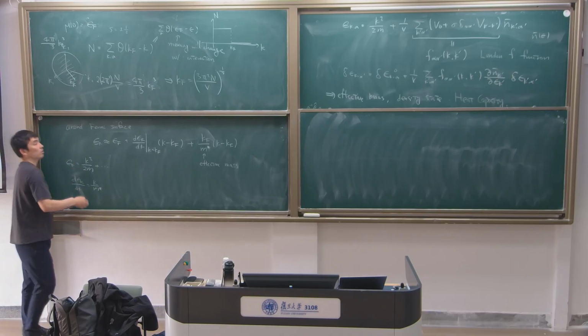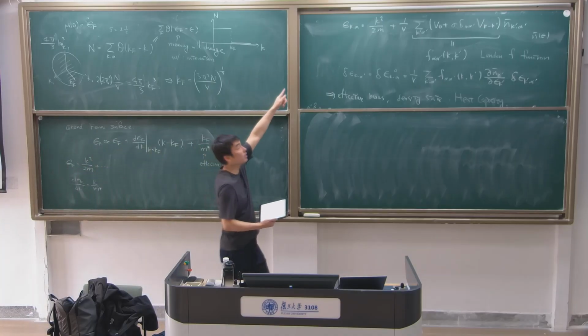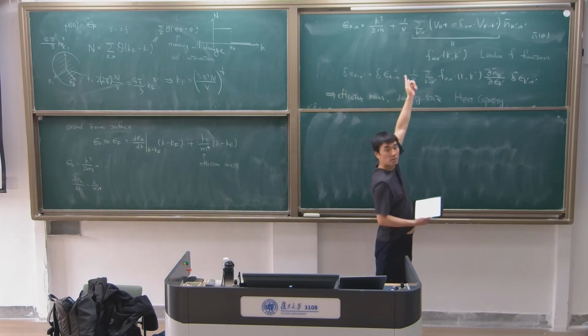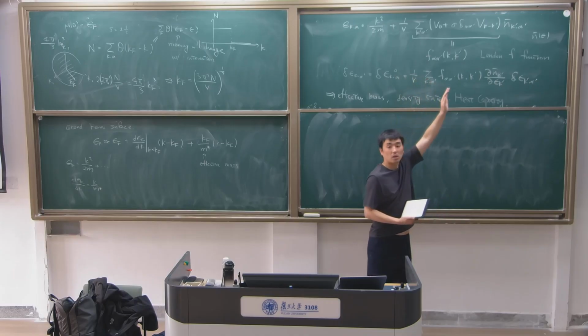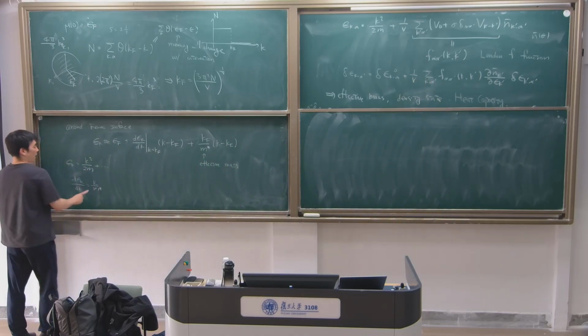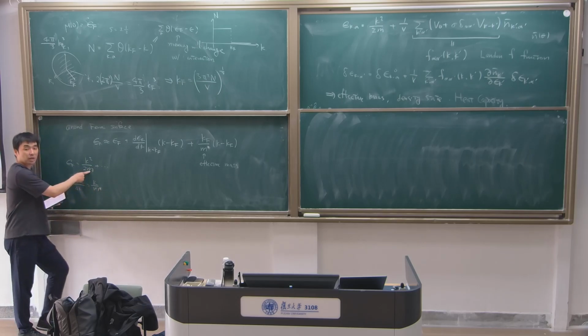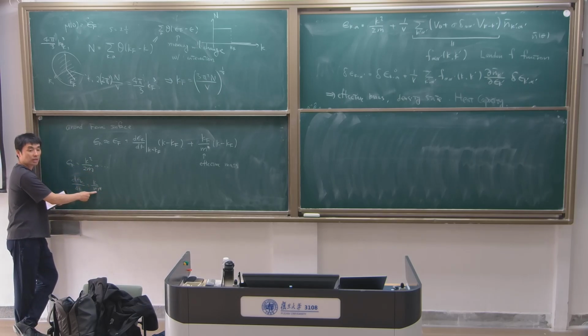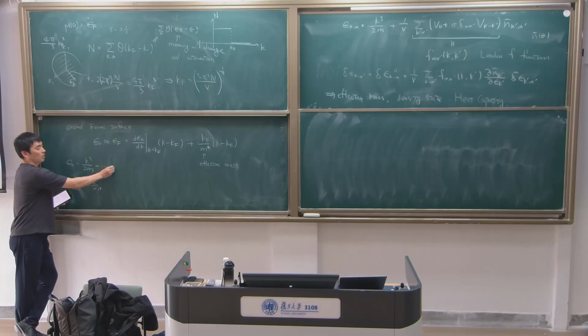So here, epsilon k, according to the Hartree-Fock equation, will be modified from the free particle. Therefore, if you take the derivative with respect to k, it's no longer just the standard mass. Here it's not the standard mass, because there's a bunch of extra terms from the interaction term.